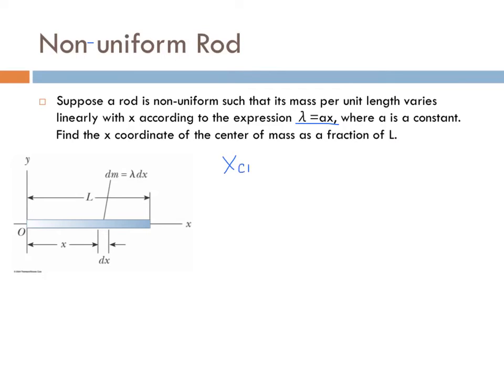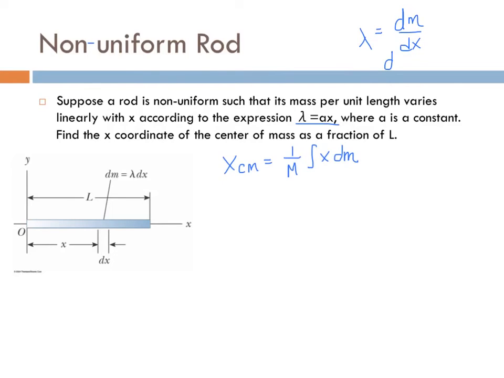So I can use x_cm here, because again, all my mass is along the x-axis. 1 over m times the integral of x dm. Remember that our lambda is equal to our change in mass over change in position.